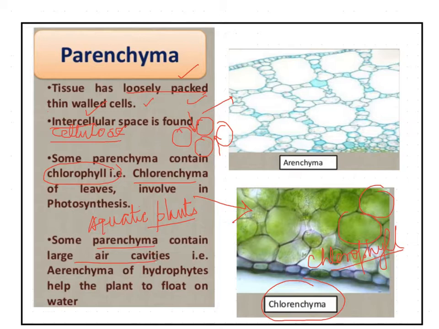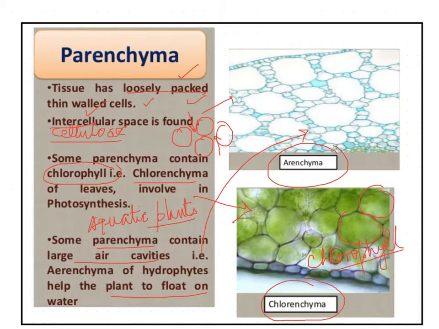It contains a lot of air, and because of this air, the plant is able to float on the surface of water. So इस वक्त जो parenchyma tissue present है plants में, जो floating में help करता है, that tissue is called aerenchyma.